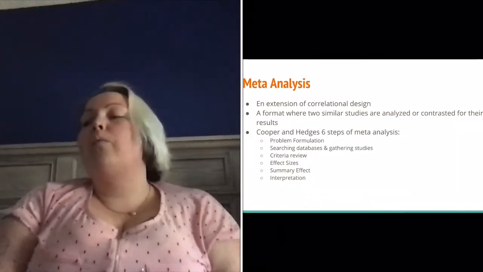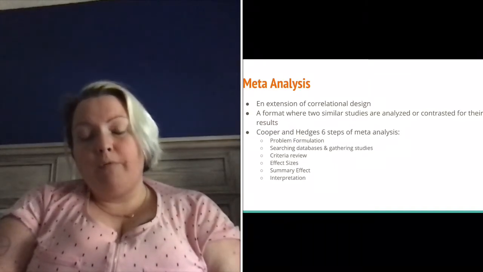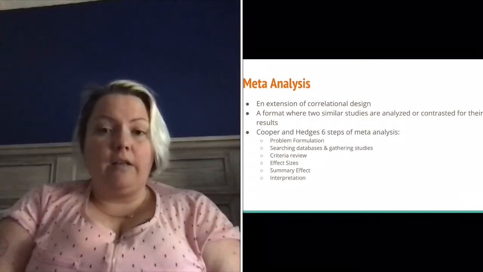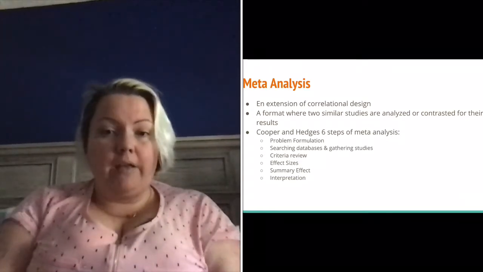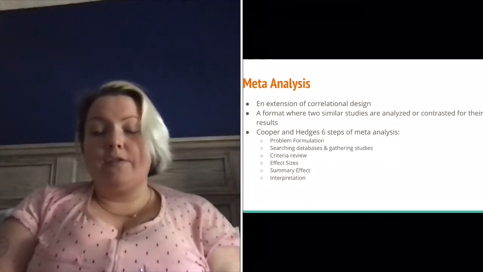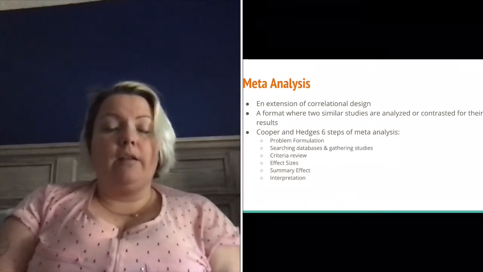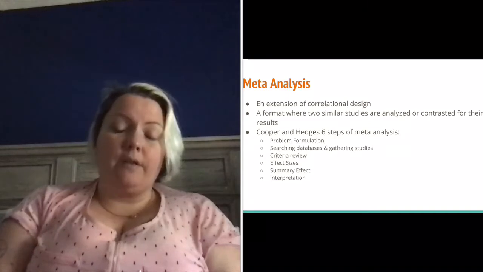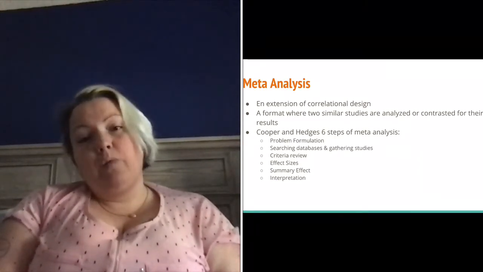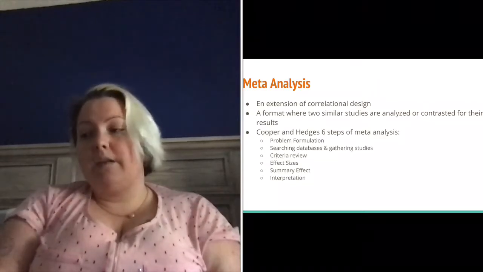So we start out with problem formulation, where we determine if there are enough studies done on the amount of money spent versus the amount of cats we own. Then there's the search and gather, where we literally search through all the papers and the studies, and we gather all the information to determine what has and hasn't actually been studied.